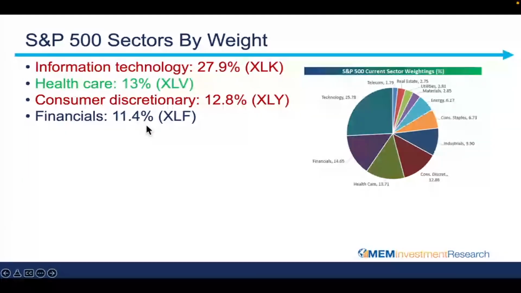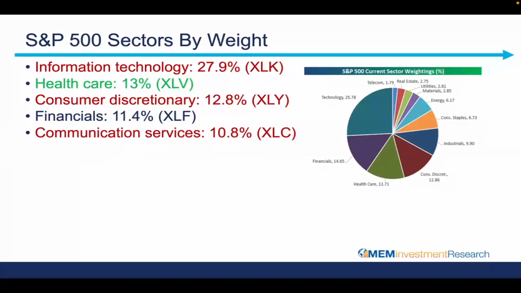Financials account for 11%. And this is a real switch, certainly over the last 20 years. Financials at one time were up at the forefront, but as technology continues to expand with their innovation and new companies coming to public, technology is very much up in the forefront as it relates to weightings.